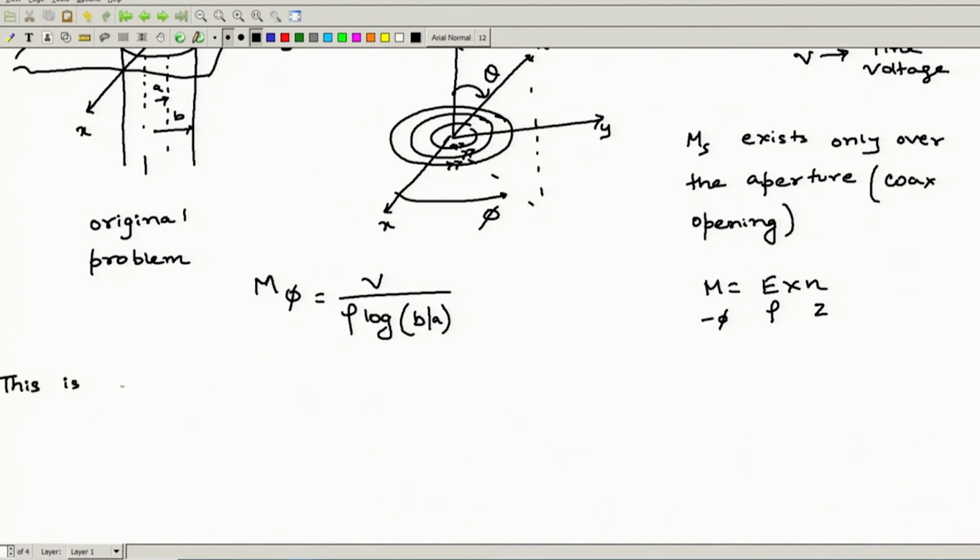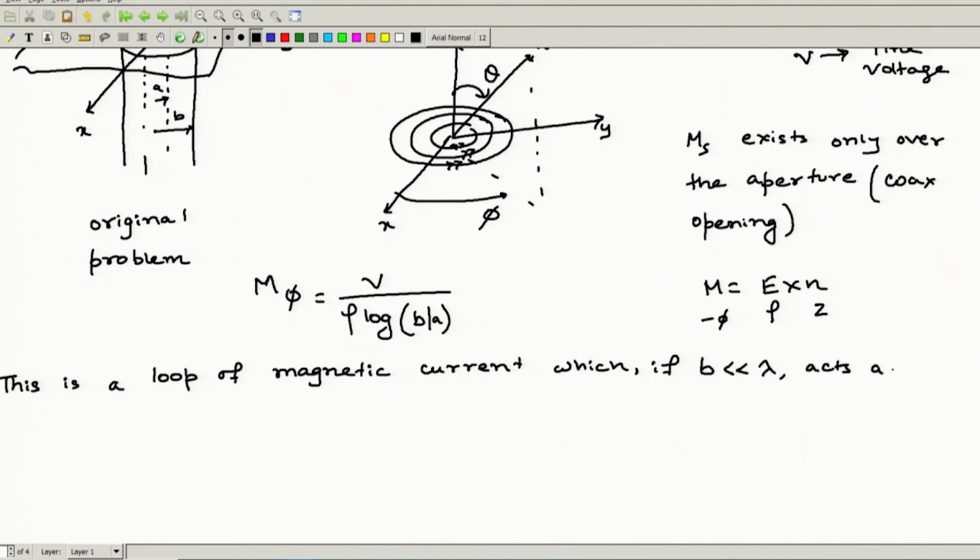This is a loop of magnetic current which, under the condition that B is very less than lambda, acts as an electric dipole.